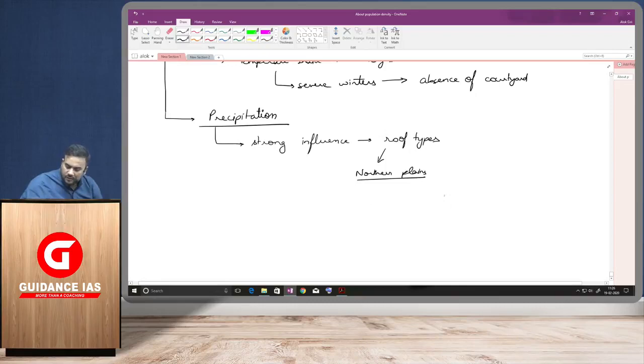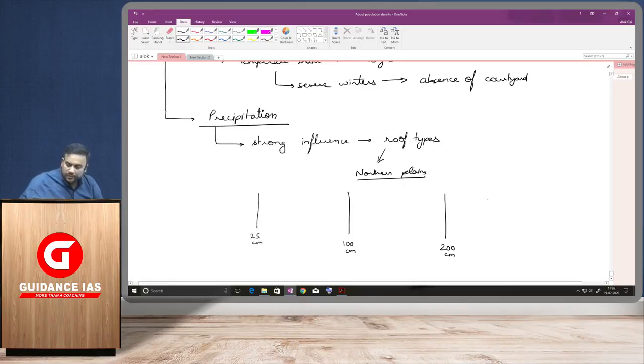So in northern plains there is this 200 centimeter iso height. There is presence of this 100 centimeter iso height which is there, and there is presence of 25 centimeter iso height.